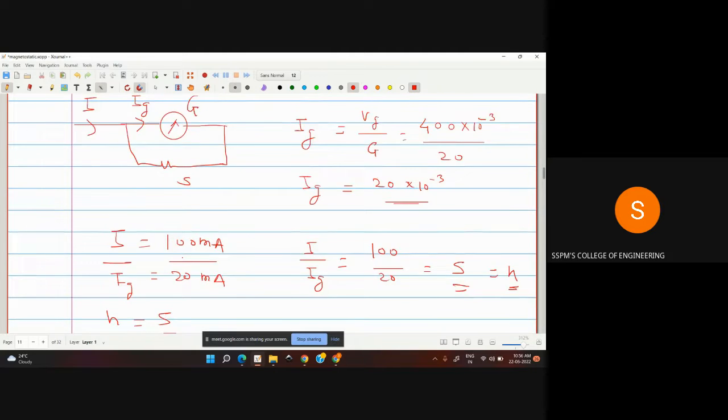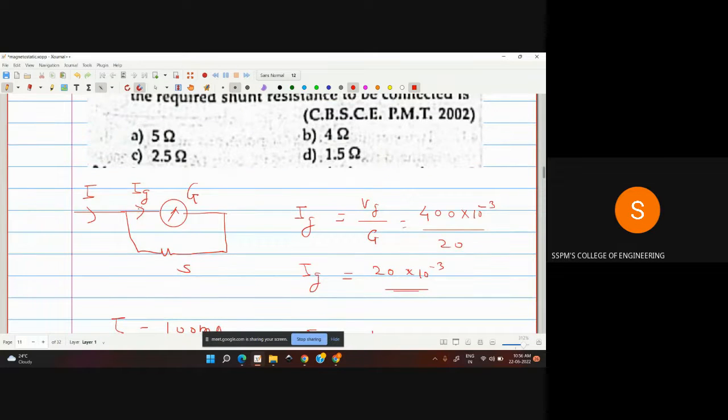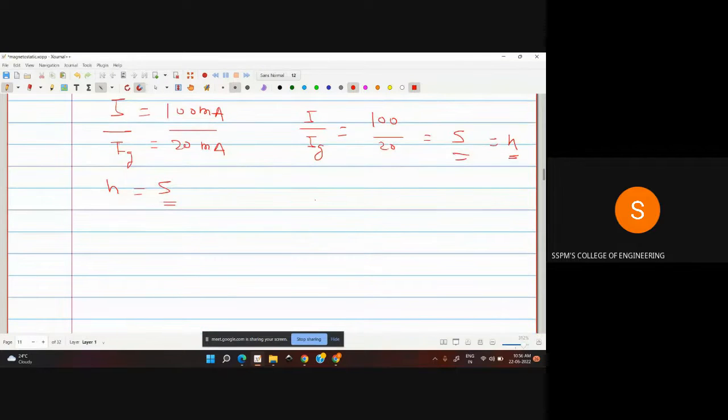आता नेक्स्ट काय करा तुम्ही, use the current divider formula to find Ig. Ig is equal to total current into the opposite side resistance S divided by the sum of G and S. हे इक्वेशन तुमच्या लक्षातच पाहिजे. So Ig is equal to I into S divided by G plus S. So G plus S divided by S is equal to I upon Ig, which is equal to n.